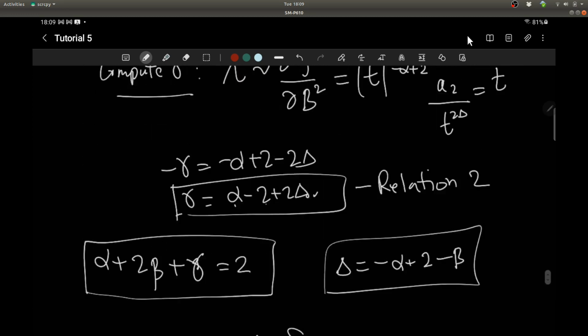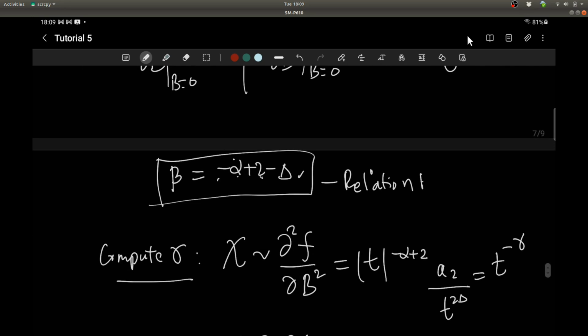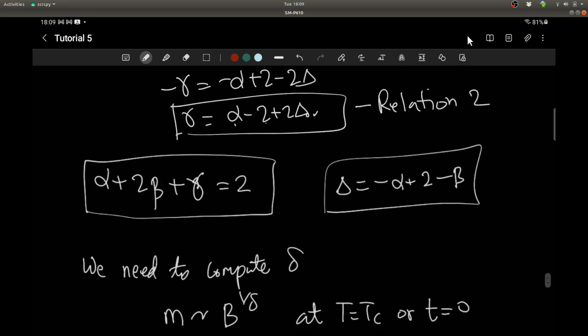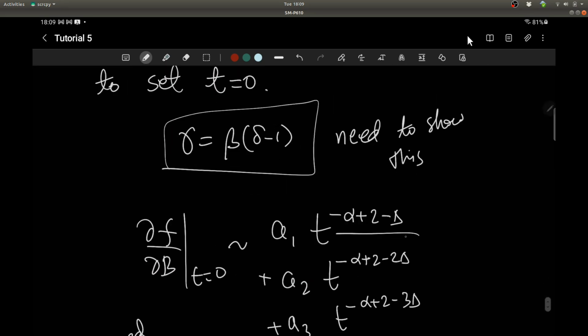To come back and see, that should be some beta or something, right? Is that beta? Isn't that correct? Minus alpha plus 2 minus delta is beta. I think it will come to what you're saying.